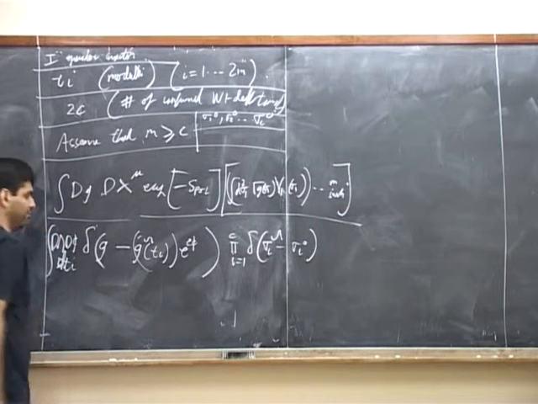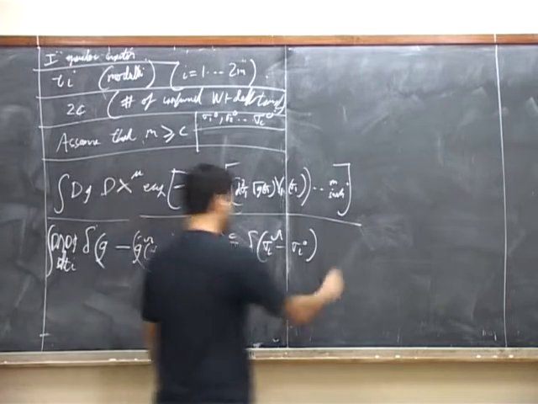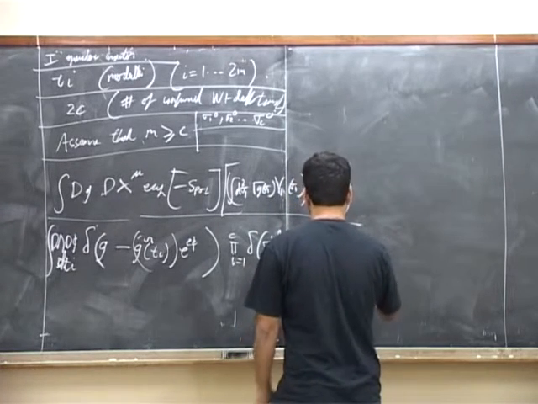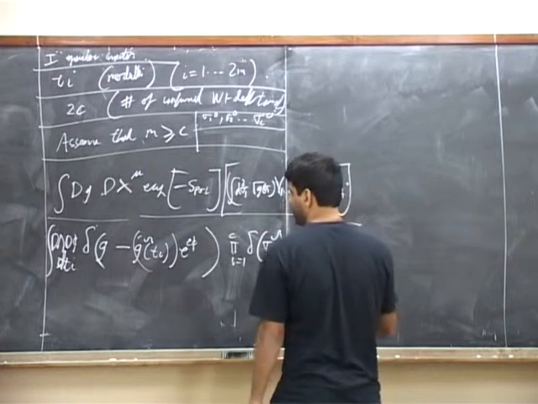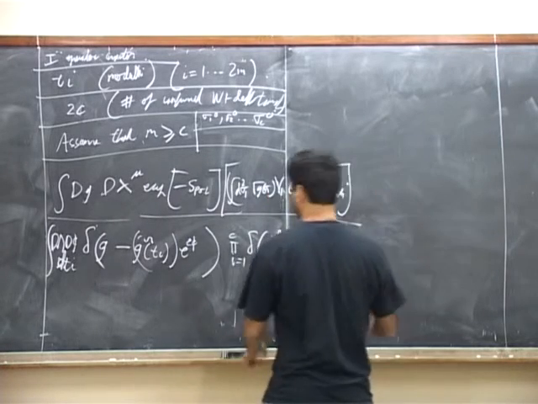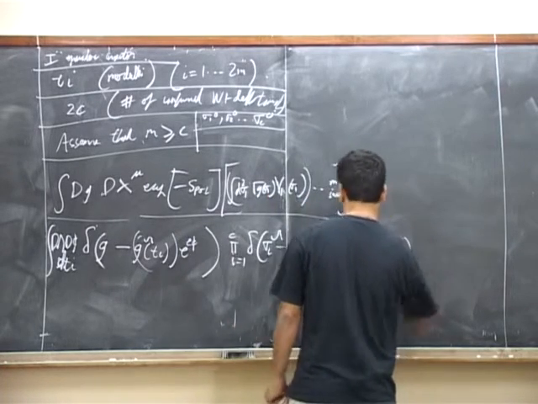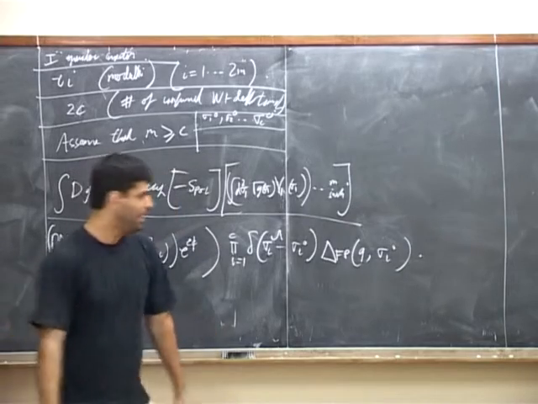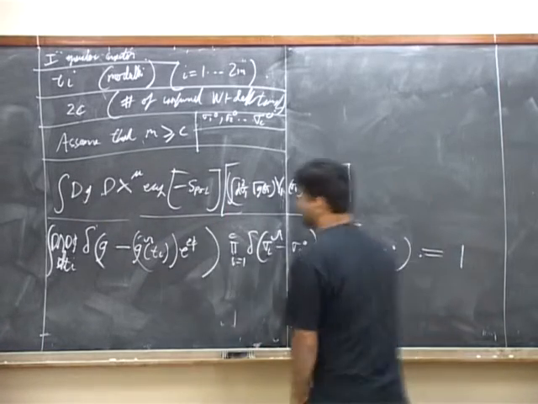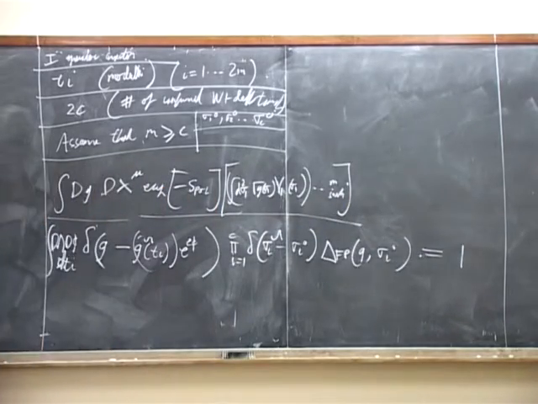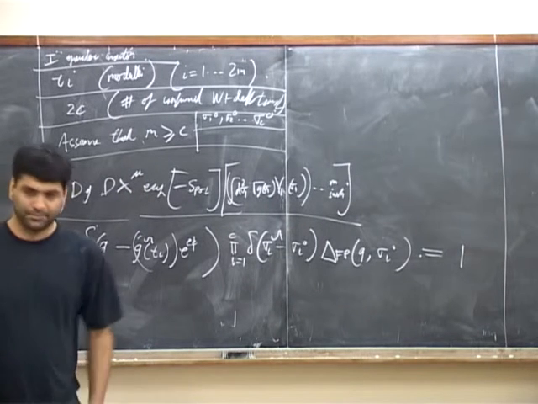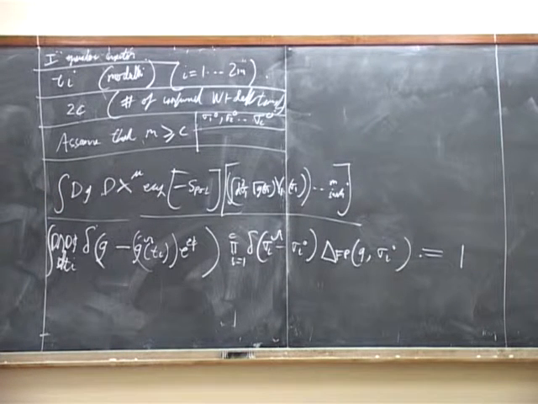This is an ordinary integral, t_i. And then we insert this quantity, delta_FP, which can depend on g and on sigma_i0. And we demand that this thing is equal to 1. So we will define delta_FP[g, sigma_i0] by this equation.